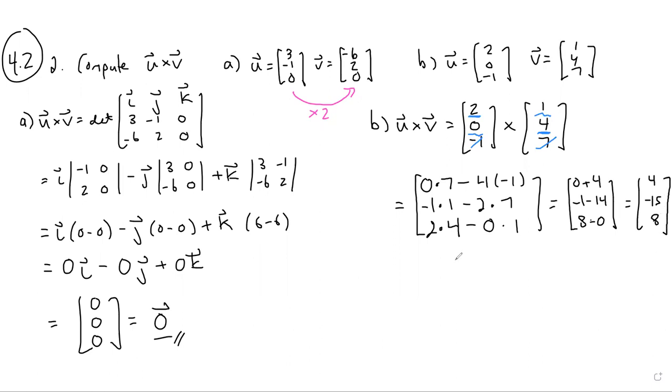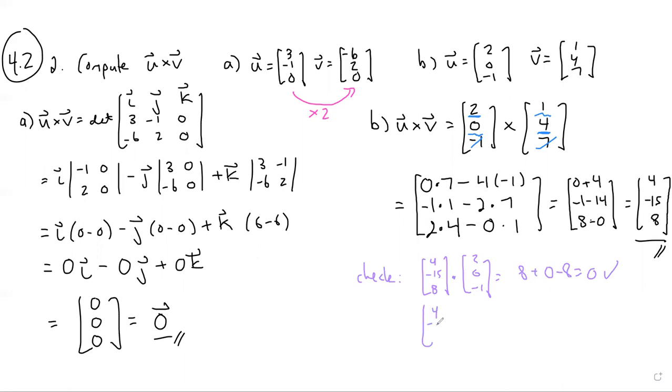And so I should be able to now check this. So this is my answer, hopefully. My check is going to be to go back and do the dot products with both. So if I dot 4, -15, and 8 with the u vector 2, 0, -1, I can see I've got 8 plus 0 minus 8 is 0. Good.